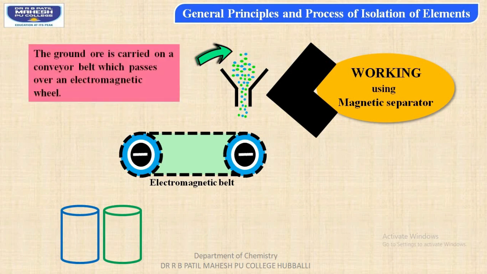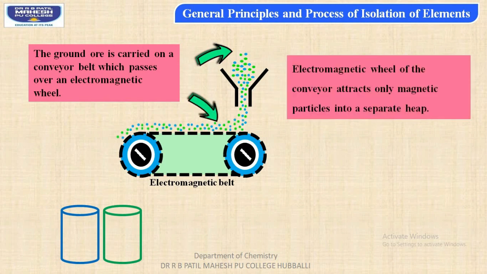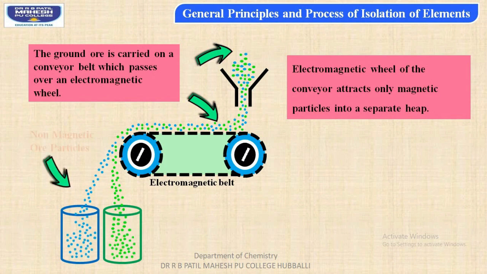As a result of this, the ground ore is carried on a conveyor belt which passes over the electromagnetic wheel, and the electromagnetic wheel of the conveyor attracts only the magnetic particles into a separate heap, whereas the non-magnetic particles form a different heap.